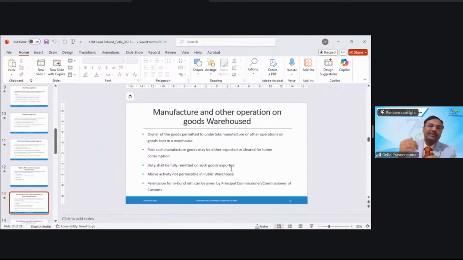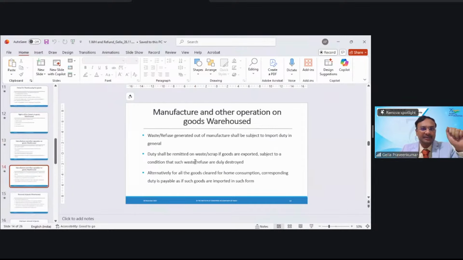If those goods are cleared for the domestic tariff area, the duty has to be paid as if that refuse has been imported into India. For undertaking manufacture, in case of a public warehouse, a private warehouse, or a special warehouse, the concerned principal commissioner or commissioner shall give permission.